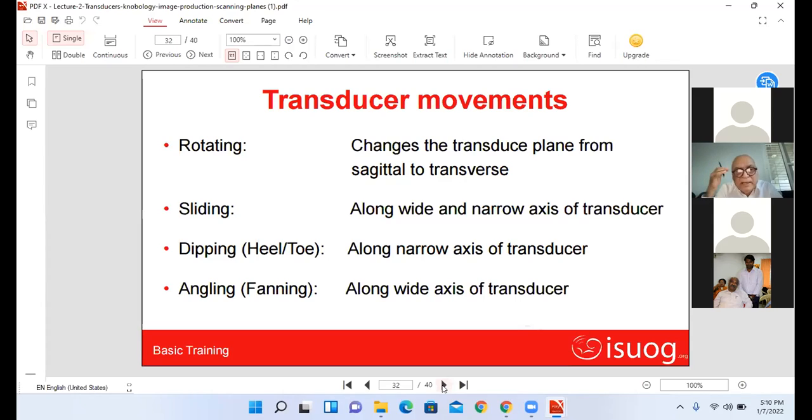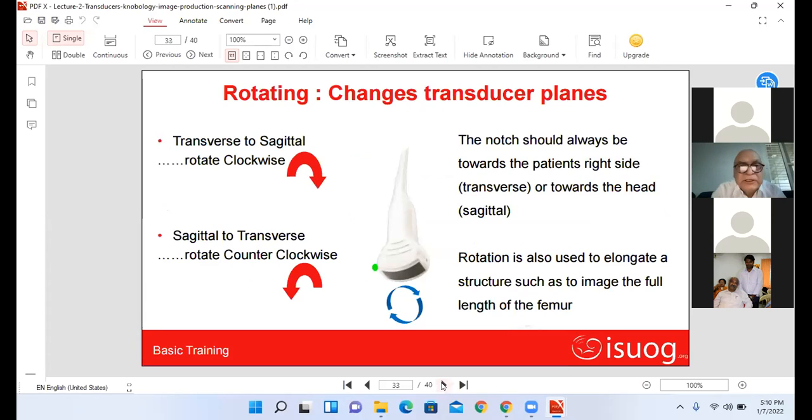And angling and fanning, this is also along the wide axis of the transducer. Next slide, please. I think all the movements are depicted in the ebook you have got. If you have got the ebook, there are video clips there. There are video clips you can look at.